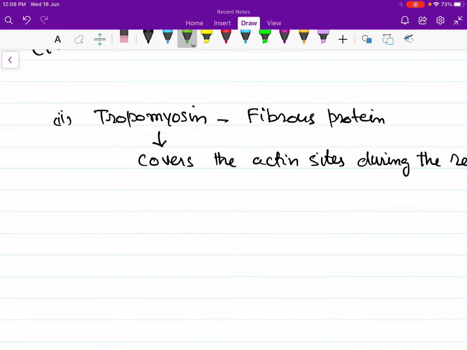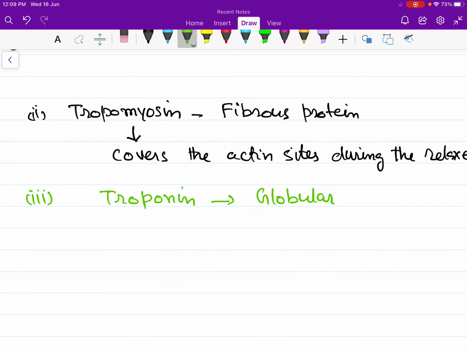The next type of protein found in the thin filaments is called troponin. Now this troponin is a globular protein, formed of 3 units.